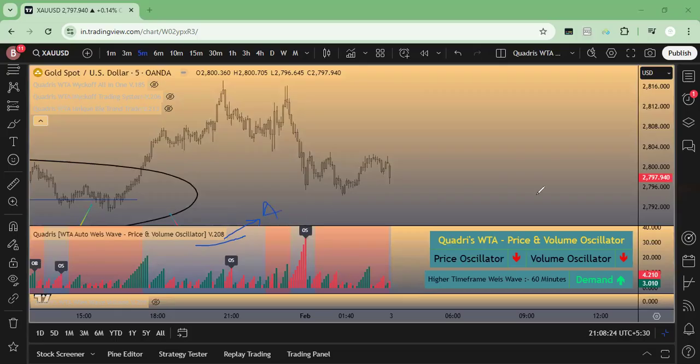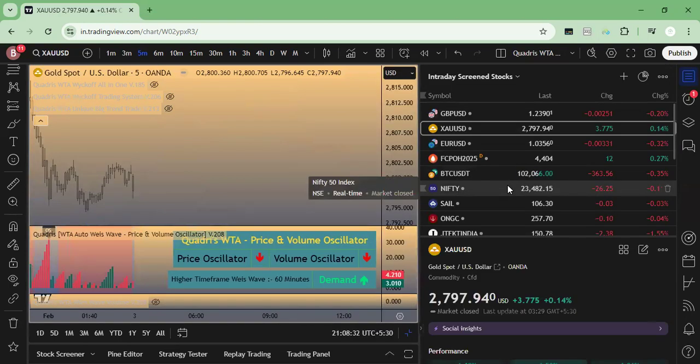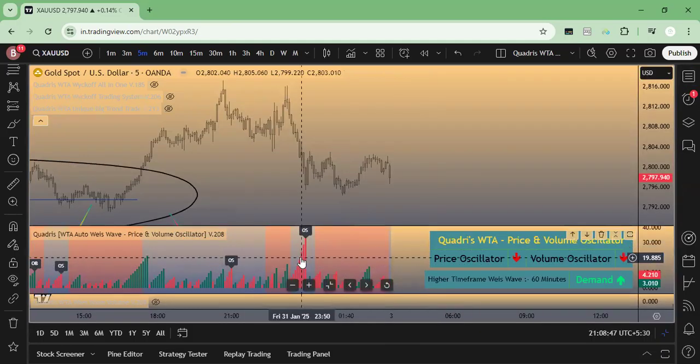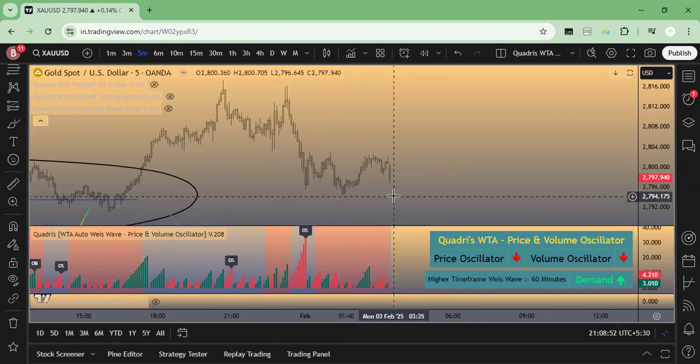For example, if your watch list consists of 50 instruments or 100 or 30 instruments, you can just attach the indicator and set the alerts based on your plan of TradingView, and you will get the alerts.